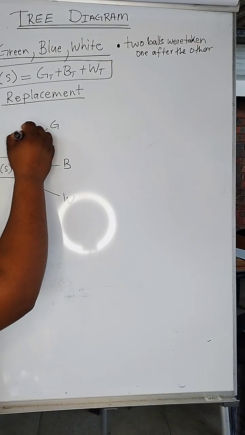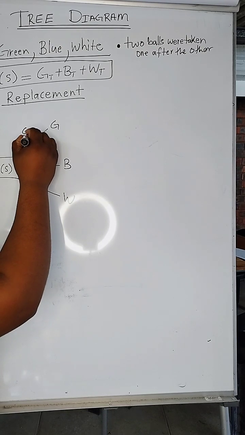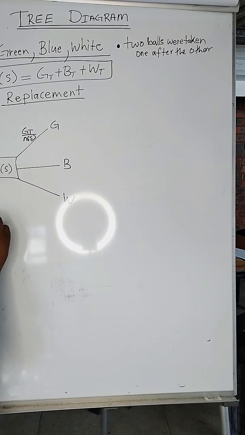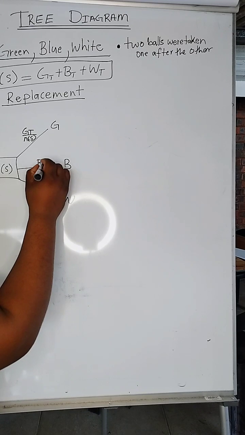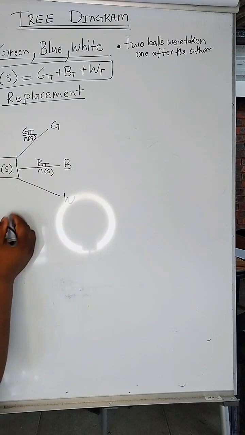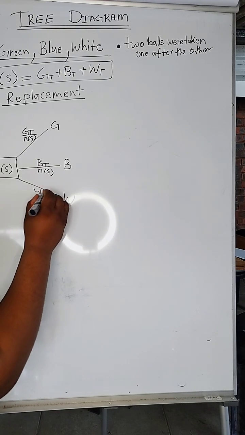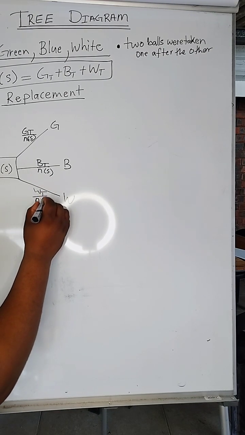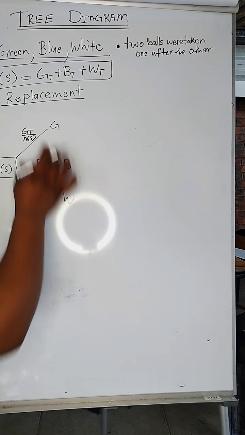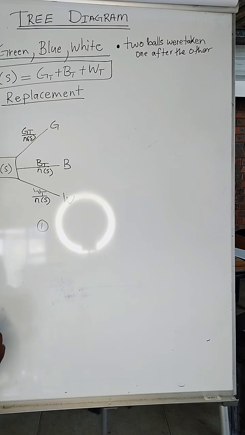I will have green total divided by the sample space. Here I will have blue total divided by the sample space. Here I will have white total divided by the sample space.